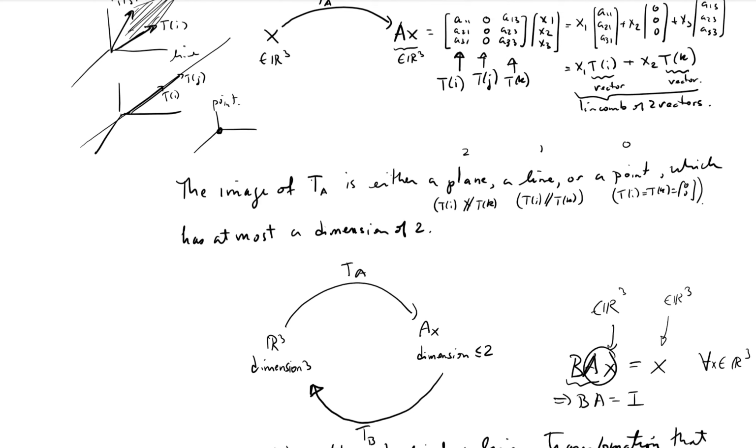And if you've got a larger matrix, let's say a 4x4 with a column of zeros, you'd have i, j, k and some other elementary vector, like maybe w would be 0 0 0 1. The point is that one of them is going to be mapped onto 0, so you're going to squish R4 onto a space of lower dimension, maybe of dimension 3, 2, 1, but it's not going to be of dimension 4 again.